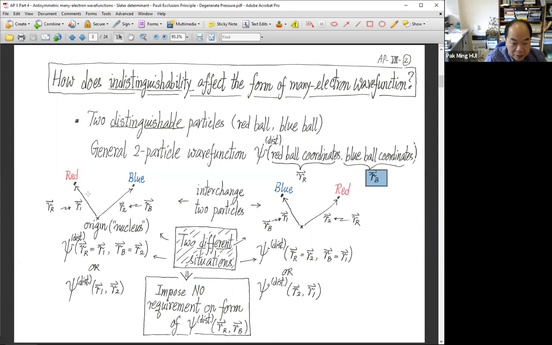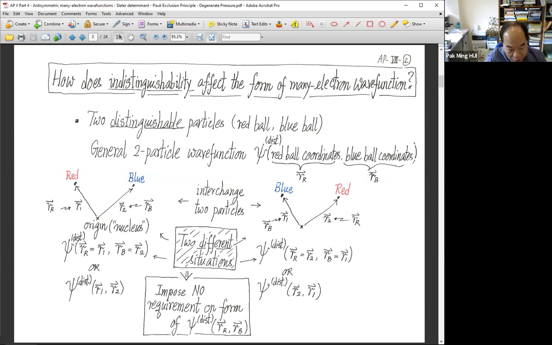Now I depict 2 different situations. Situation number 1, the red ball is here at this particular value, so I plug this particular value into here. The blue ball is here, R2. I plug this particular value R2 in for R_B.